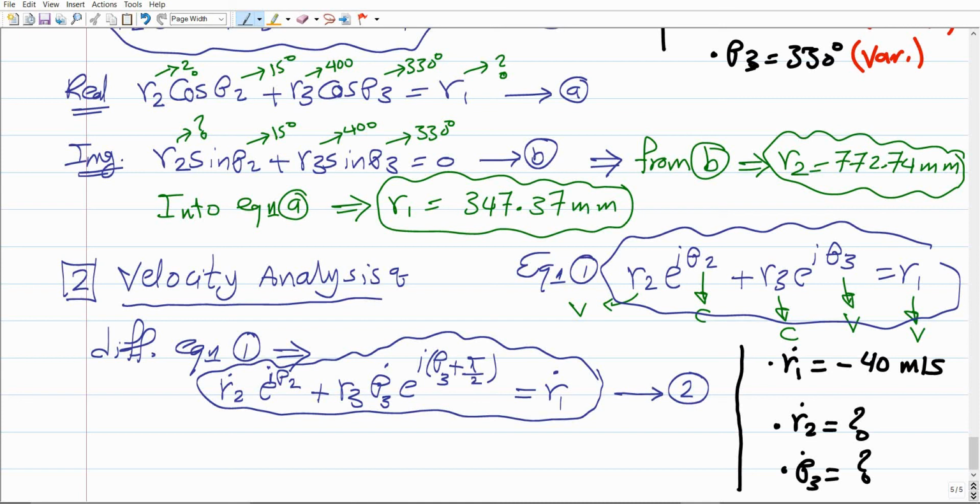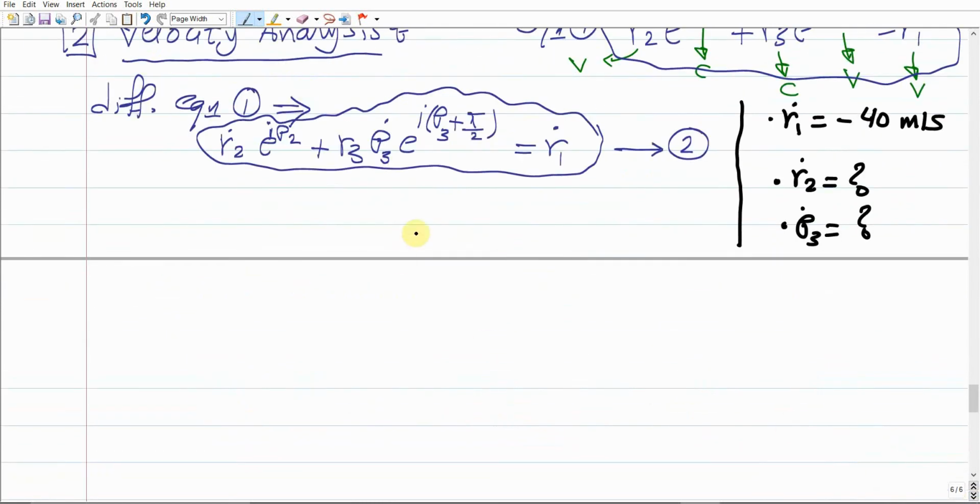The equation is simply solved directly. You just decompose this loop closure equation into real and imaginary parts, end up with two equations, solve them, and the two unknowns are solved. So there are no cases like in the position analysis, and the equation will be easily solved.